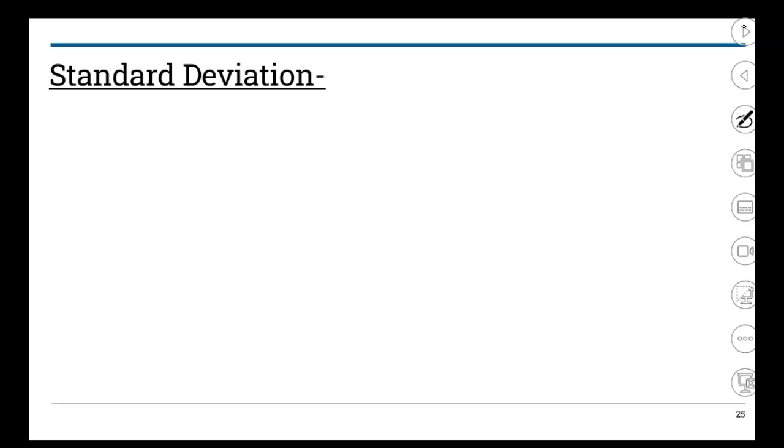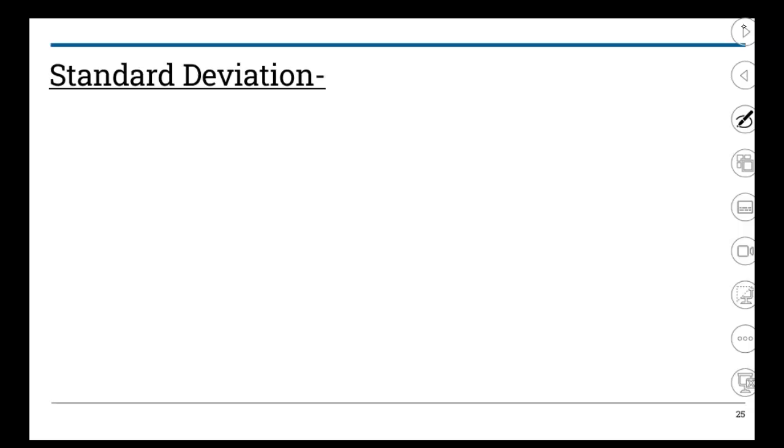Good. So that's when you do the data value minus the mean, right? That's the deviation. So what is standard deviation then? Standard deviation is when we take all those deviations, we square them, and we find that average of the deviation.